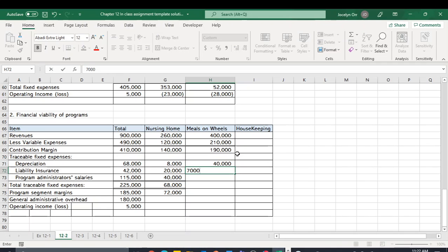Our liability insurance is $7,000 for that segment. And program salaries is $38,000. So really all we're doing here is reorganizing the information that was given in the chart so that we can easily see the program margins that relate to each segment.